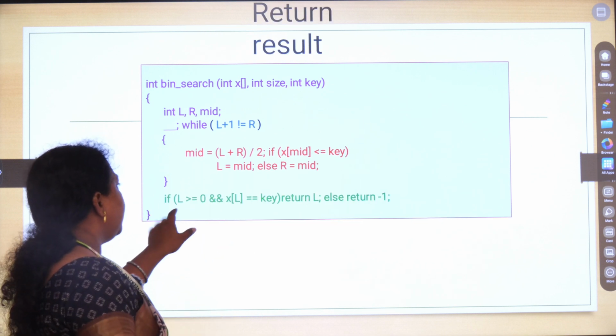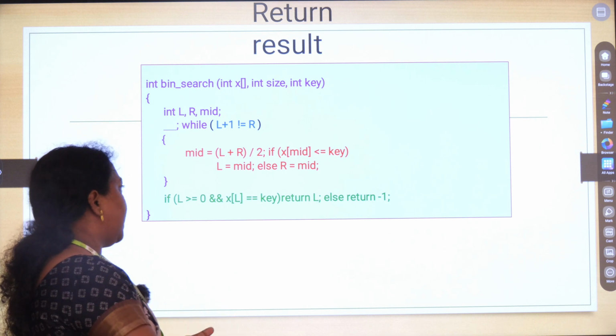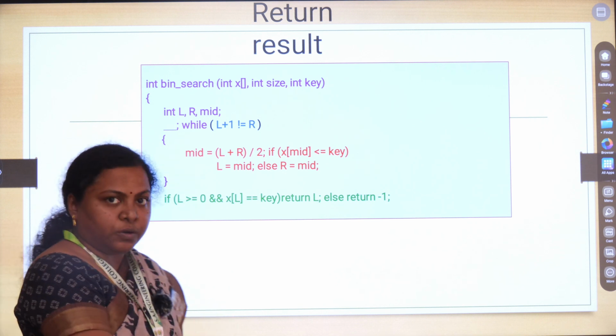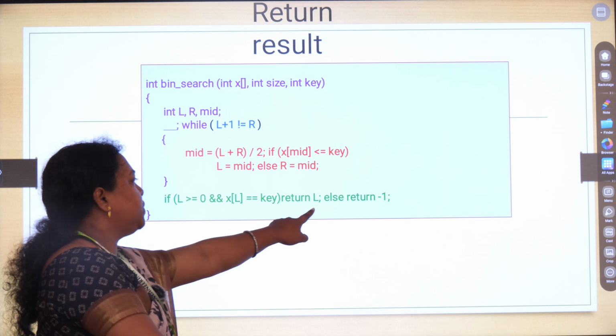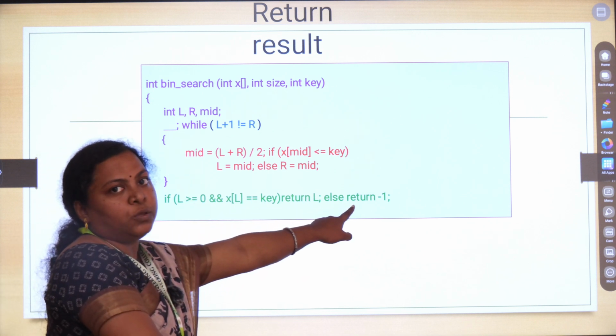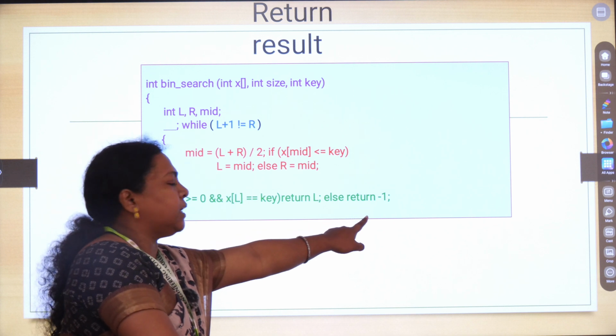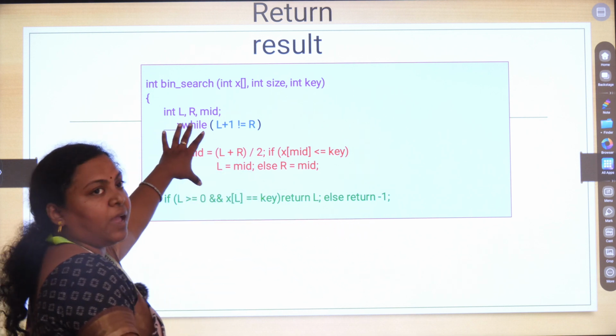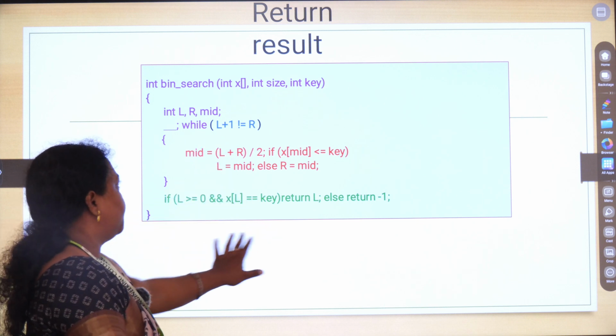If L is greater than or equal to 0 and x of L is equal to key, then the position of that particular key will be returned, or else you give the result as -1. This will be done after the running of the loop.